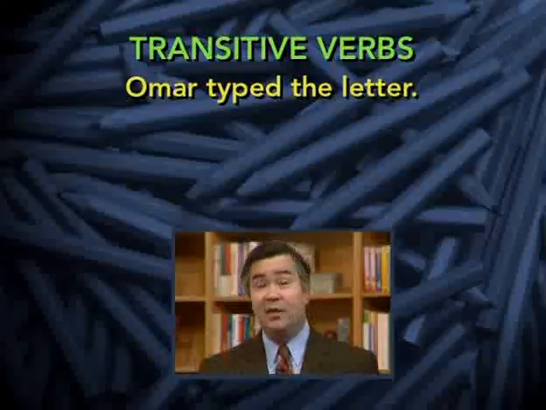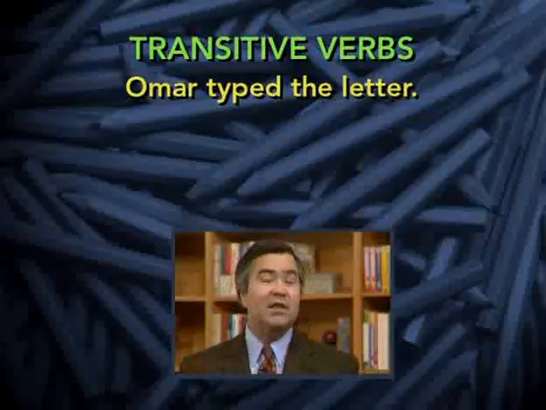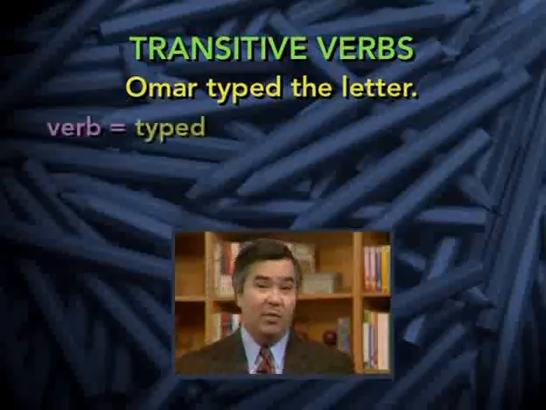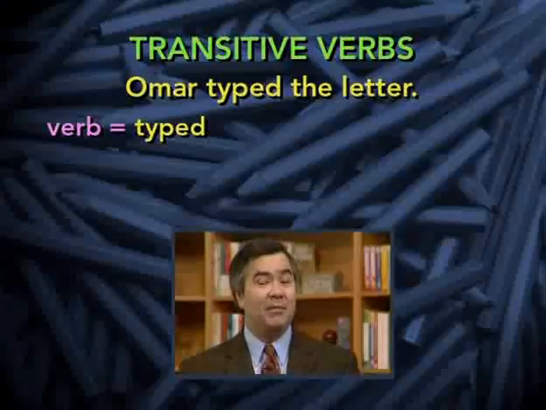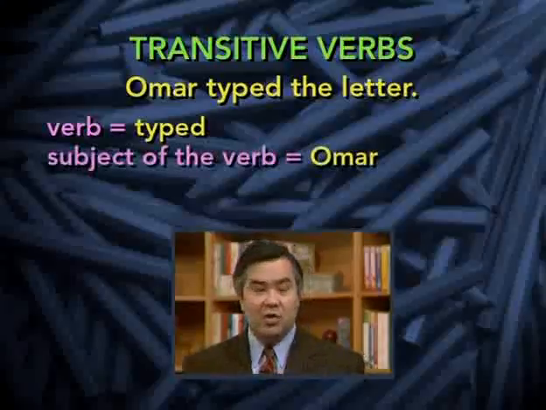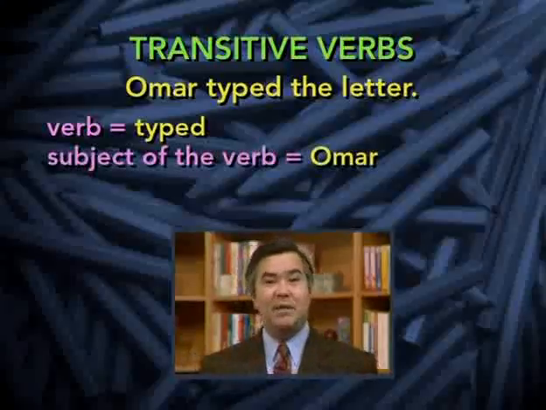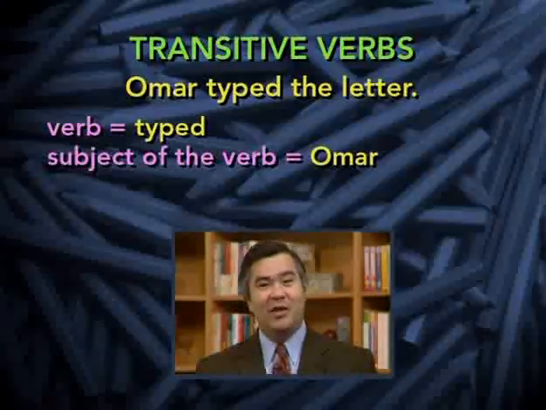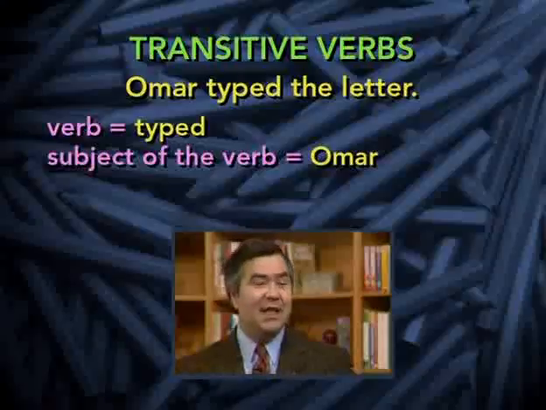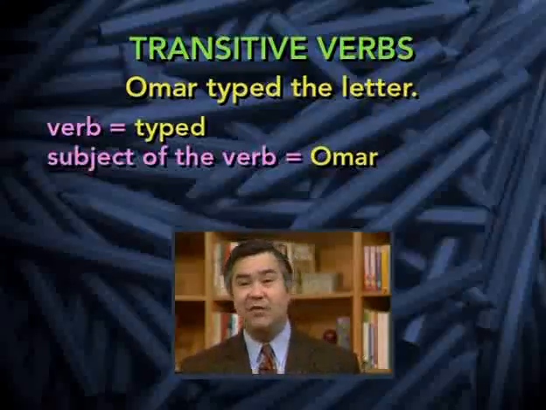Omar typed the letter. Now, what's the verb in this sentence? The verb is the word typed. What's the subject of the verb typed? That is, who or what did the typing? The answer is Omar. So Omar is the subject, typed is the verb. Now, this is a transitive verb because it has an object, that is, something that receives the action of the verb.